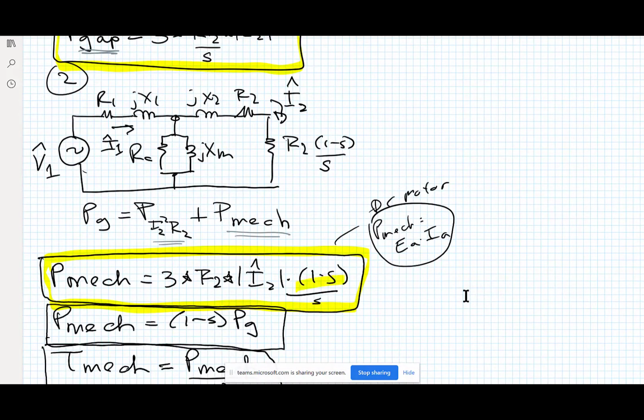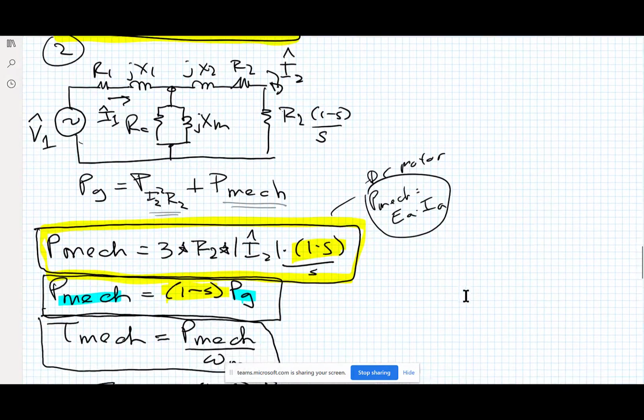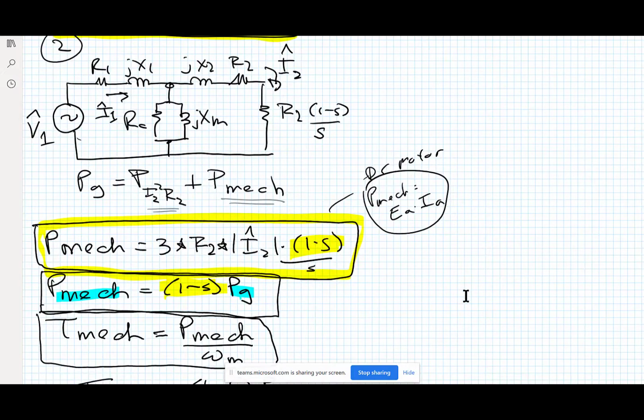It's this. They're only different by that factor, 1 minus the slip. So if you knew just the slip and you knew just the air gap power, you could find the mechanical power.